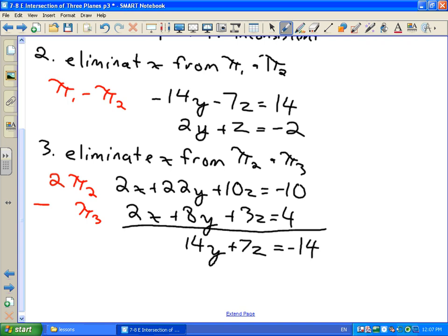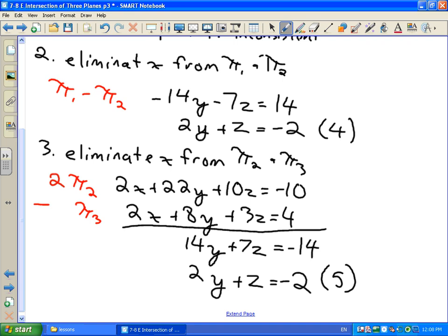We'll call that one equation 4. If we divide the equation down here by 7, so we simplify this, we get 2y plus z equals negative 2. We'll call that equation 5.